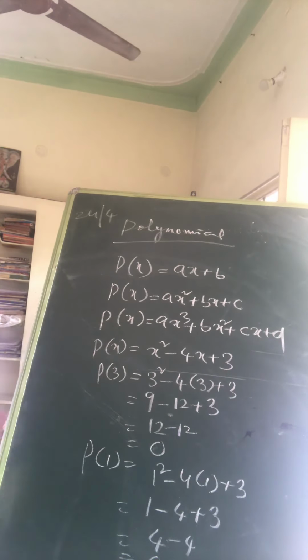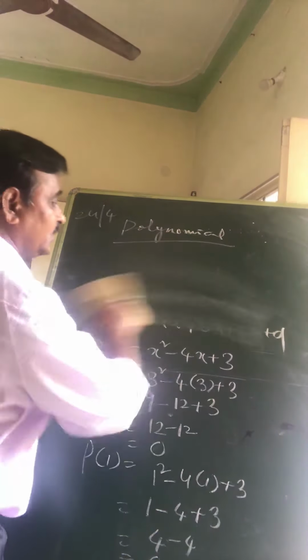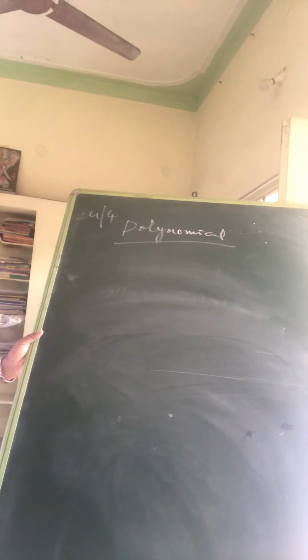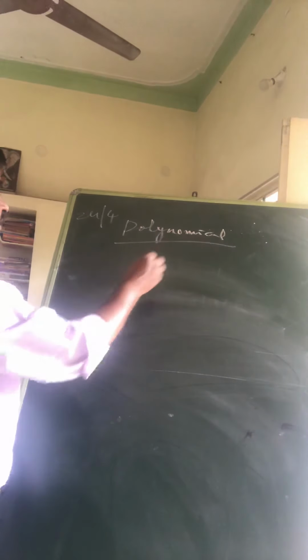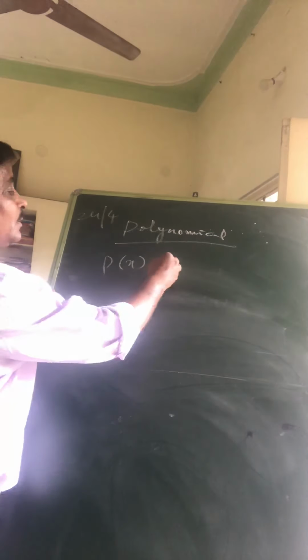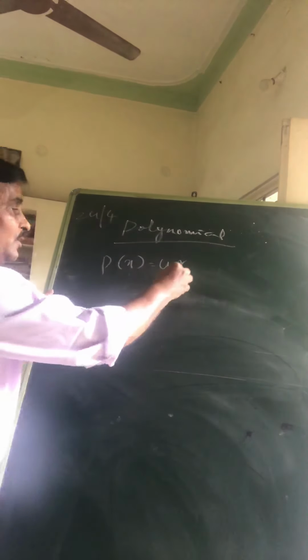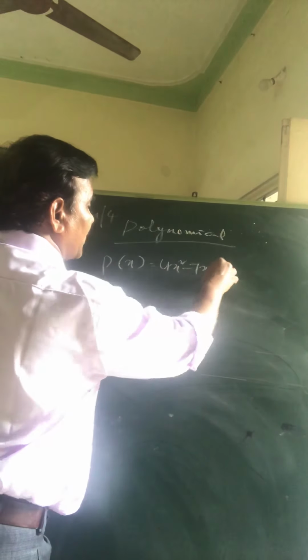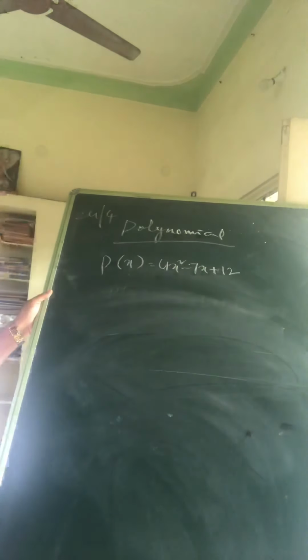To find the zeros, we just have to recollect the factorization of a polynomial by splitting the middle term, from the 9th class. For example, we have to find the zeros of the polynomial 4x square minus 7x plus 3.